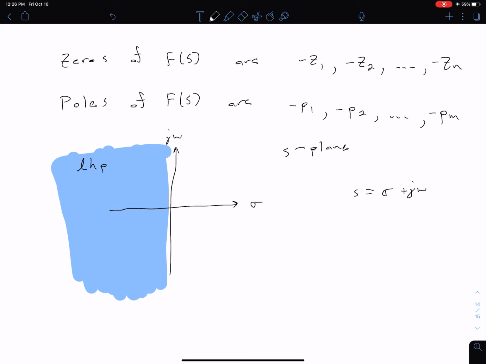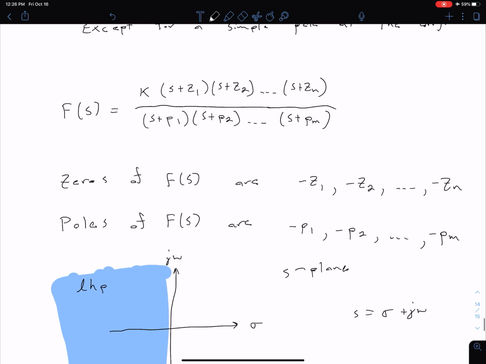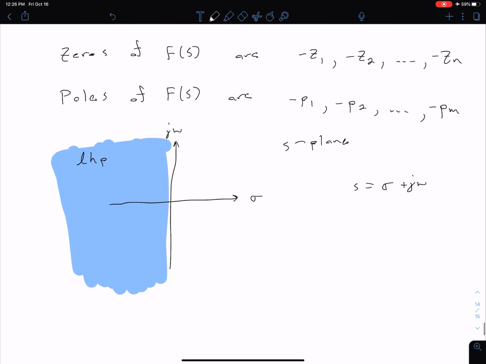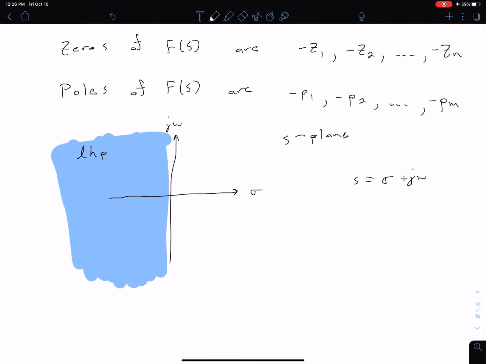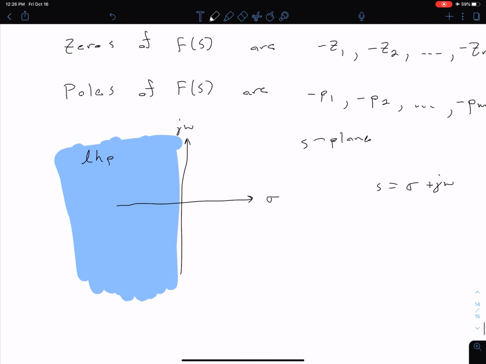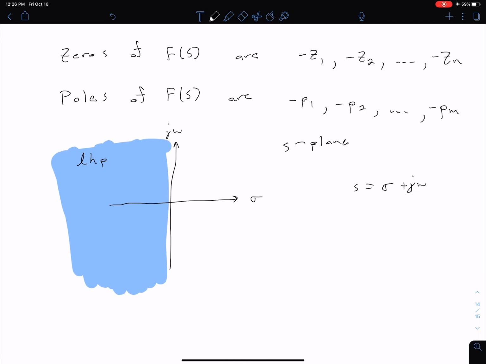We can see this from our F of s function here, or in some cases you might have a plot of poles and zeros. Typically our zeros are plotted as open circles and our poles as x's. These don't necessarily have to be real valued.